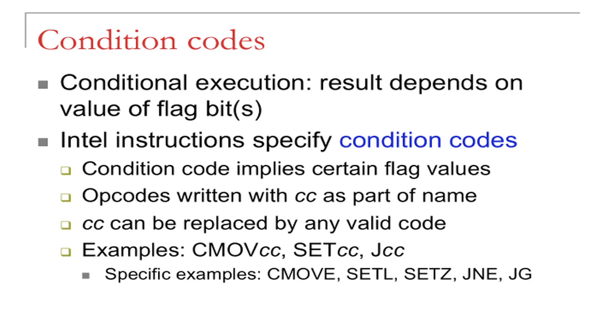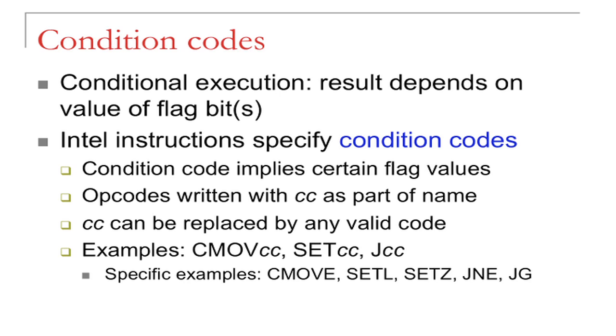Intel instructions specify condition codes, and these condition codes imply certain flag values. And we use lowercase cc, in italic font, as just a placeholder where you will actually replace the cc with the actual condition code.